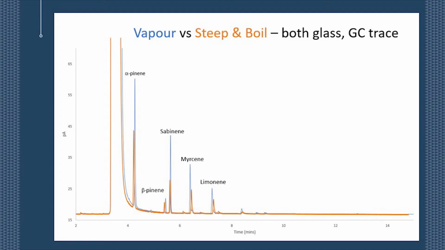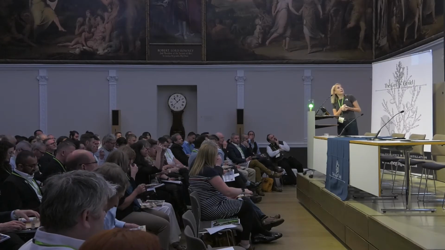And again, I've got the GC traces of the two. So again, you can now drink them all and compare them. But if you compare sample 4 and sample 2, then you're comparing the exact same. You're both glass. One's vapor infusion, one's steep and boil. Honestly, I did not set this up, and it did surprise me.